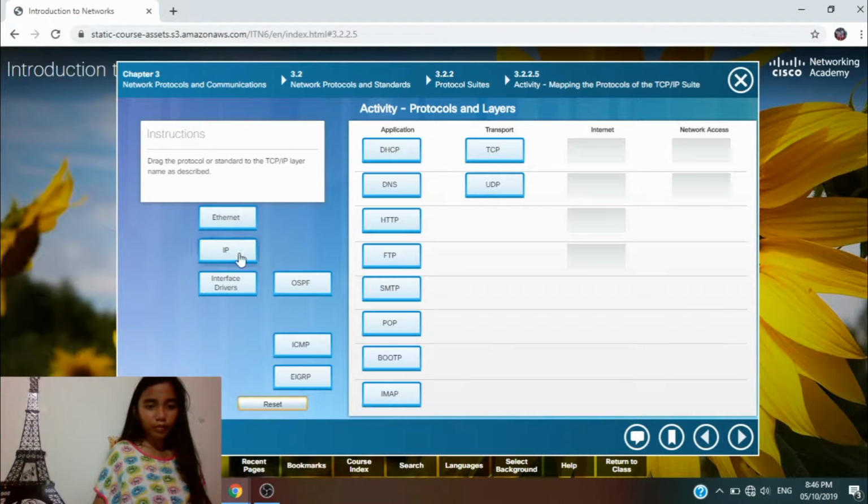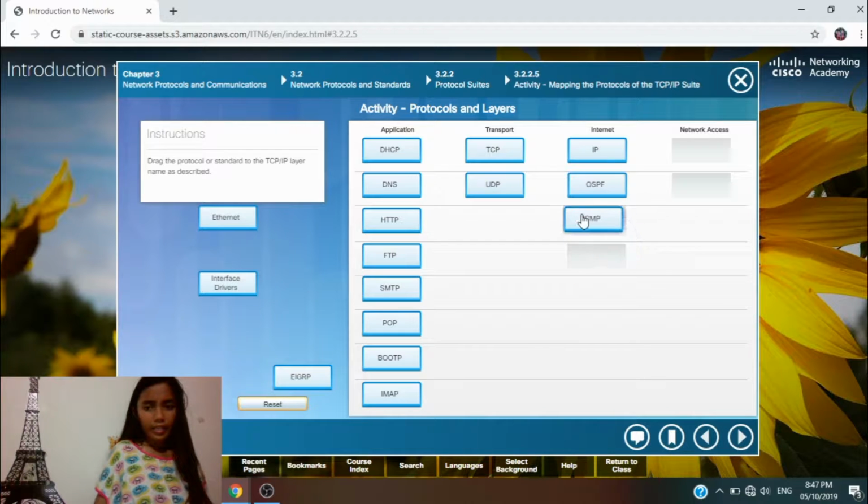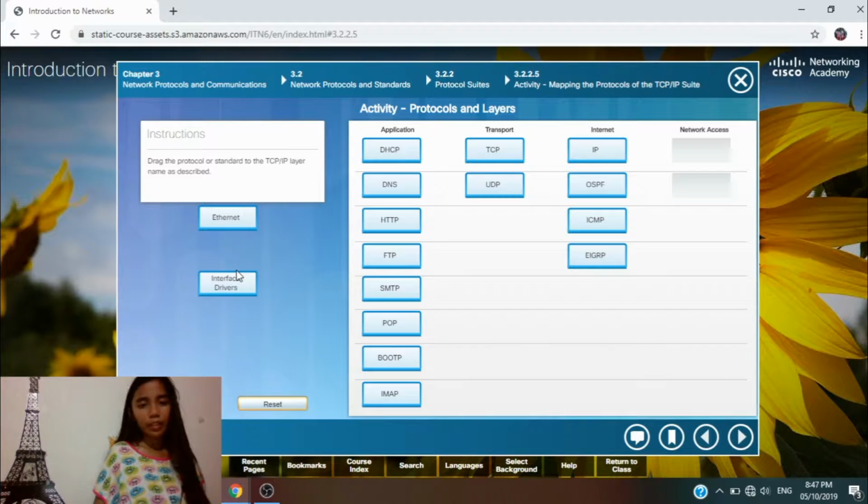You will need the IP and the OSPF and then the ICMP and then the EIGRP, and for the last one we have the network access.